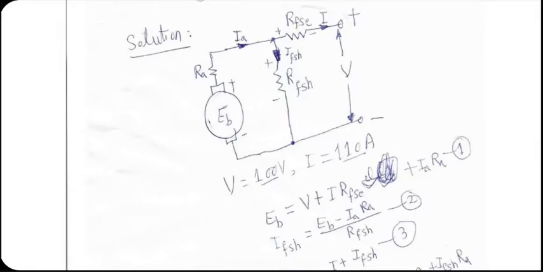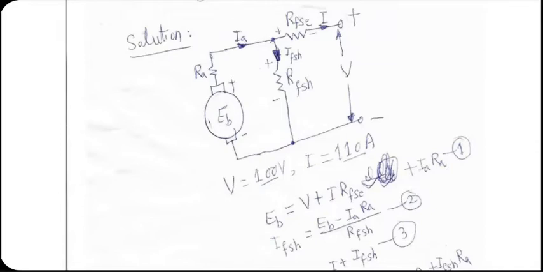Look carefully. Write the equations carefully. EB is IA into RA plus I times RFSE, right? That's equation 1. IFSH will be actually EB minus IARA divided by RFSH.